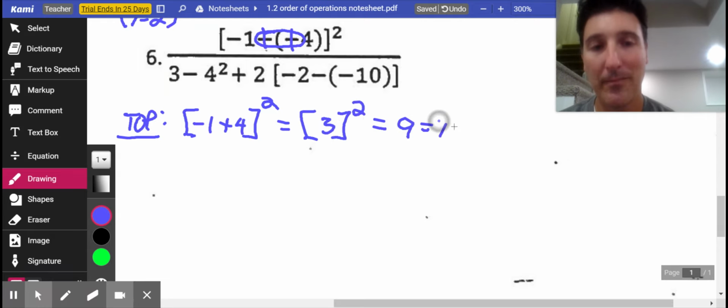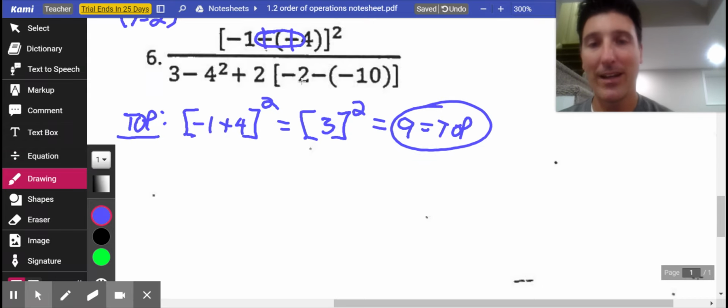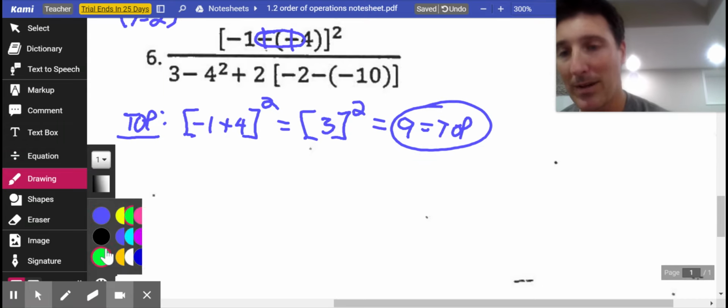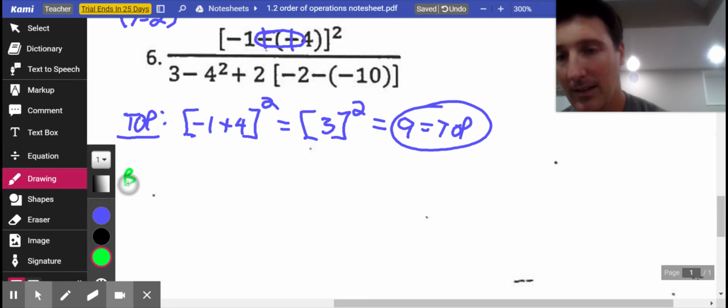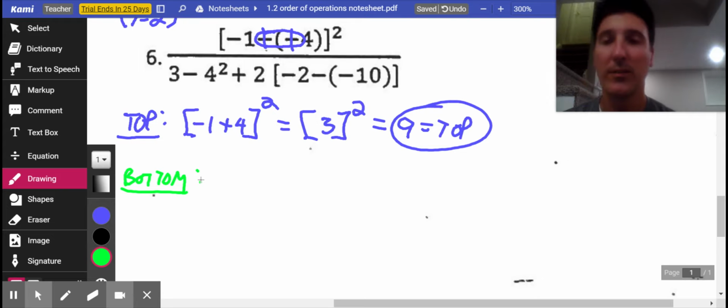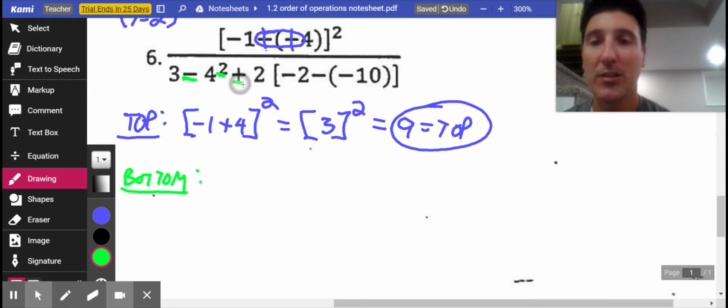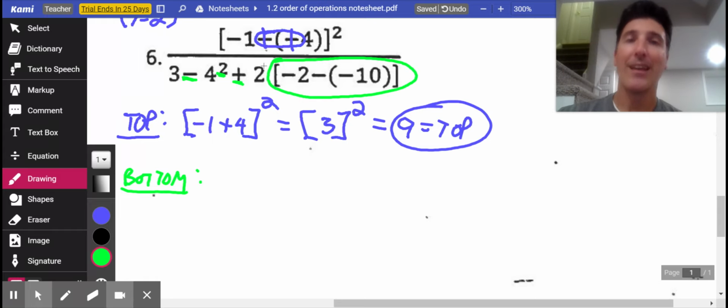Now that's the top. Now let's not forget about that. Bottom, we got a lot going on here in the bottom. Let's put the bottom in green. Let's look at all this. We have subtraction, exponents, addition. But remember, really what stands out is this. I'm going to do that first. Now, just like the top, you see we have this double negative.